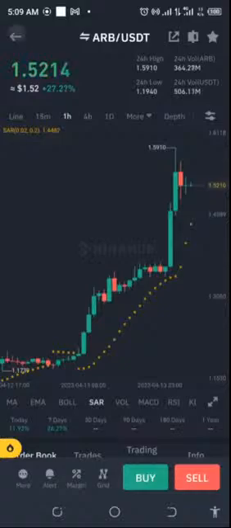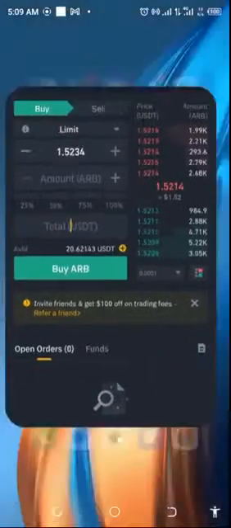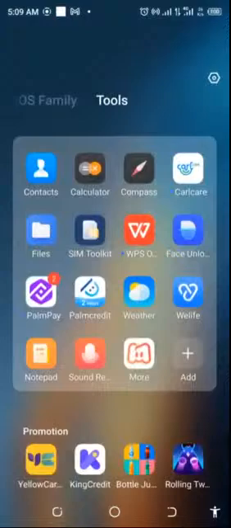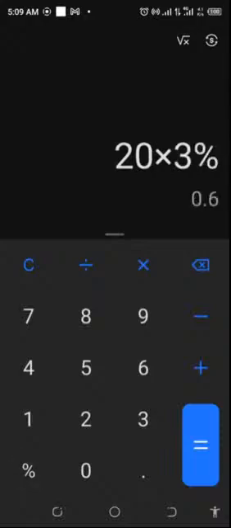So let's go check what this is on a calculation basis. We have 20.62. We put in $20, times 3%. Yeah, this is about a 3% profit margin trade after all expenses have been removed.